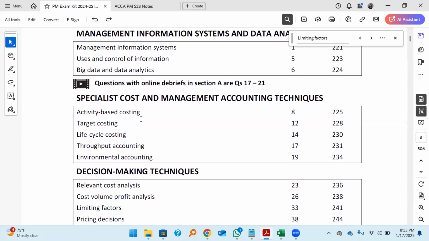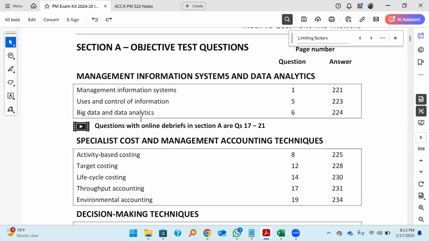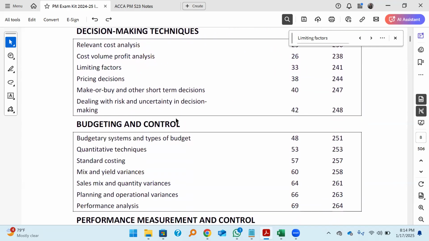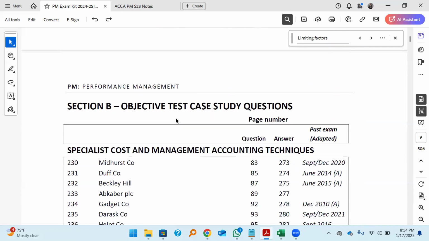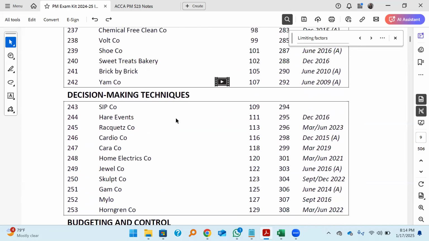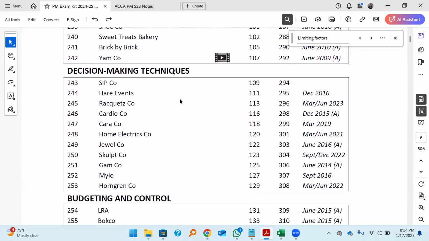We have done the limiting factors in section A under decision-making techniques. So it's going to be in these questions here.